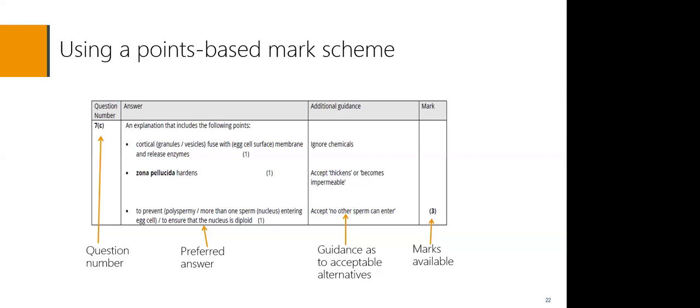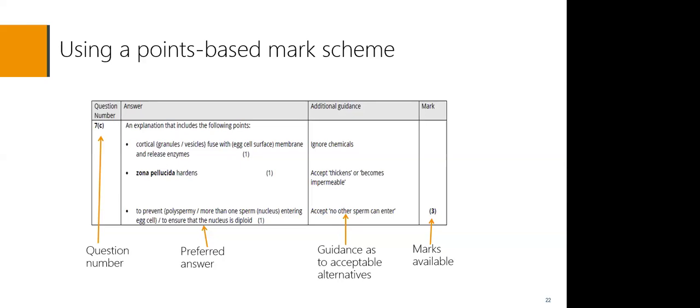Now, the first thing to be aware of is that the marking point is fairly substantial. To gain the mark, the candidate needs to address the full marking point. So they must mention cortical granules fusing with membranes and release of enzymes to gain the mark.